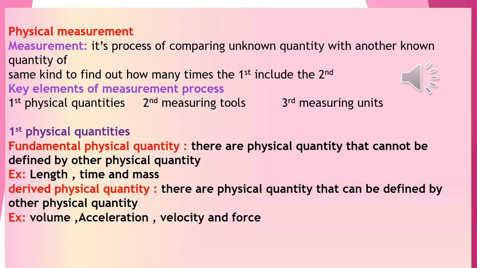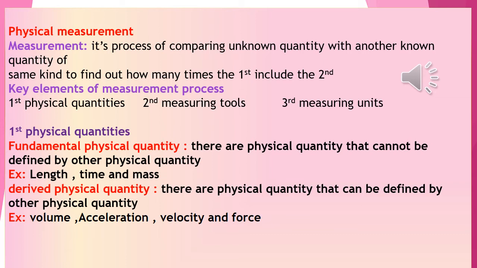When I say the speed of a car is 20 meters per second, you must know the distance and the time to define the speed. Also, the acceleration equals 10 meters per second squared. You must know the velocity and the time. So derived physical quantities are the physical quantities that can be defined by other physical quantities. For example, volume, speed and acceleration. Sorry. Okay.